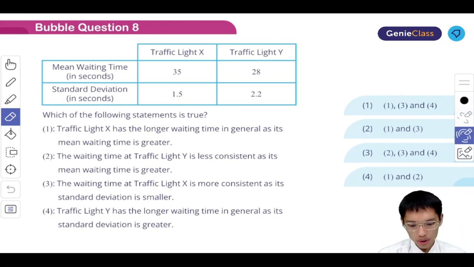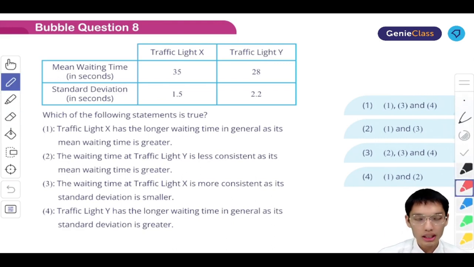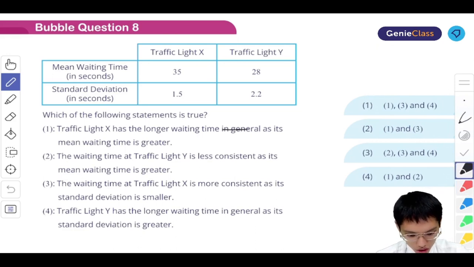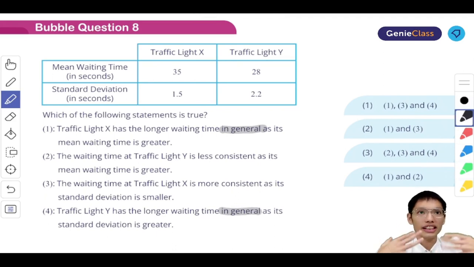So that's where you have to identify, when we say mean waiting time, we are talking about the waiting time in general. Take note of this word, in general. When we talk about average, that's a hint. We are looking at the wide span and looking at it as a whole view, so it's in general.